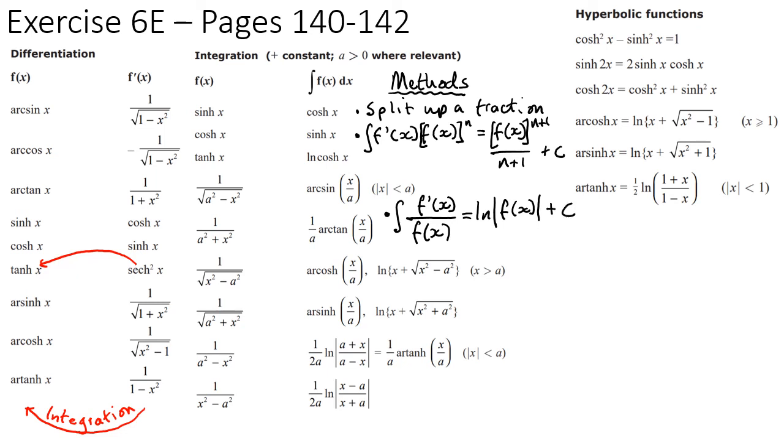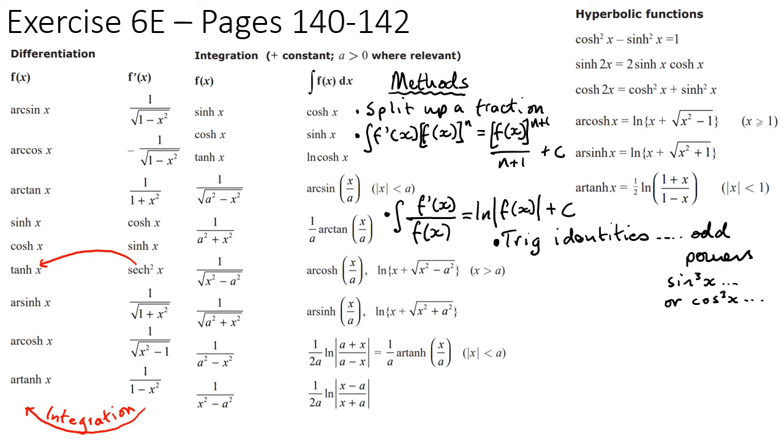Is it possible to use a trig identity to change things around? Think about those odd powers of trig. So things like sine cubed x, for example, or cos cubed x. We have ways of doing that.